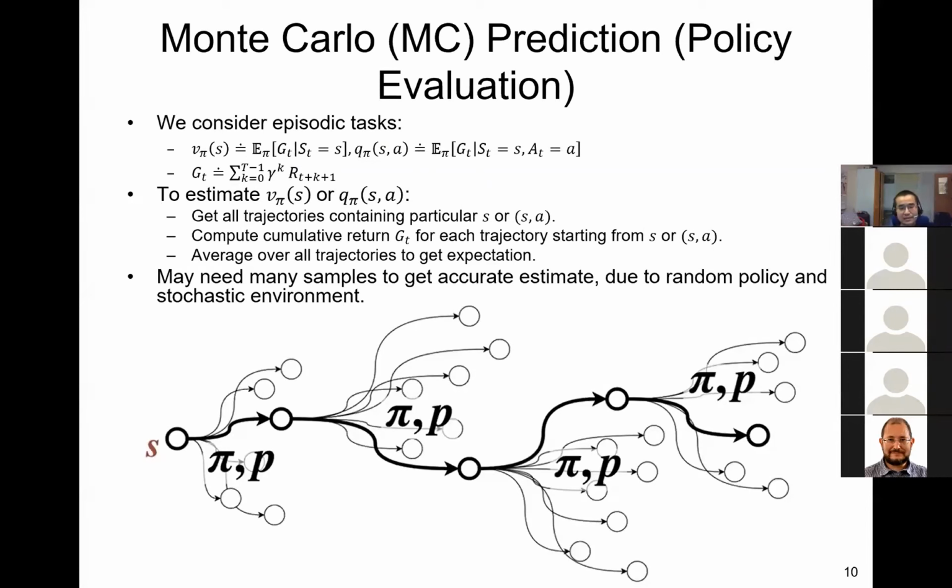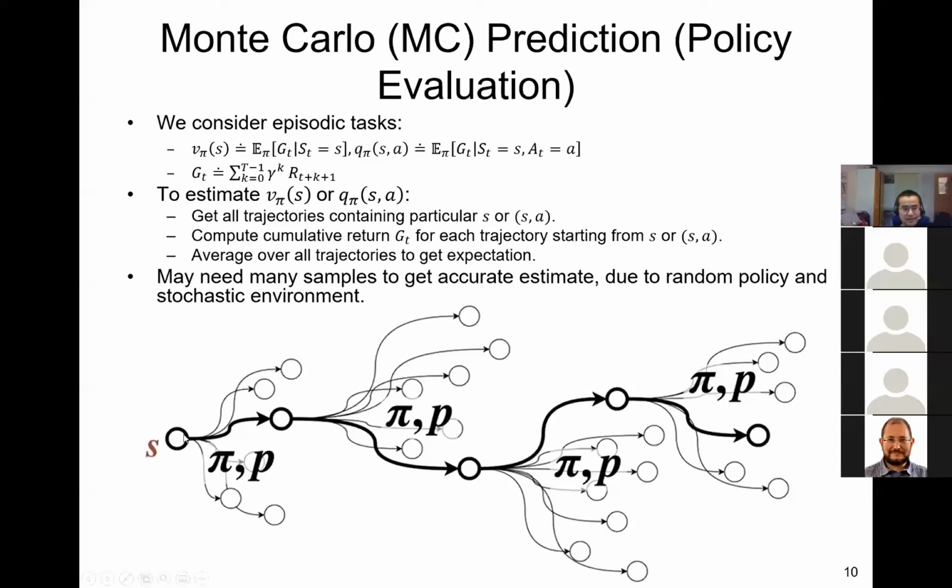To estimate V pi S or Q pi SA, you can get all trajectories containing particular S or SA and compute the cumulative return for each trajectory starting from S or SA and average over all trajectories to get the expectation.